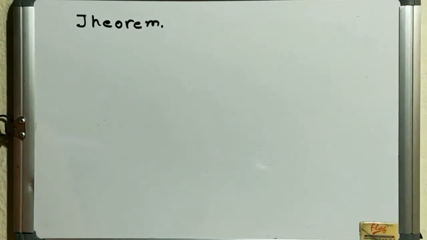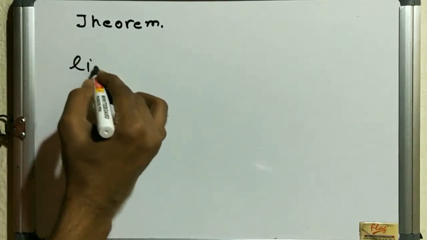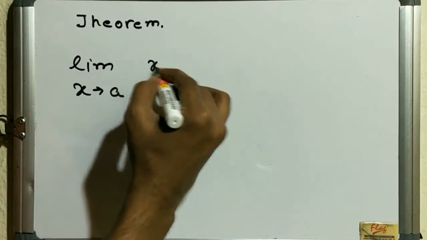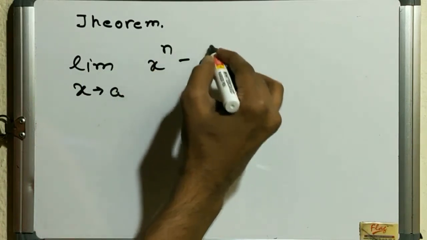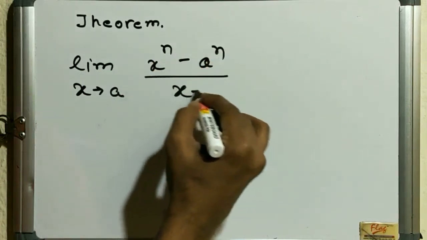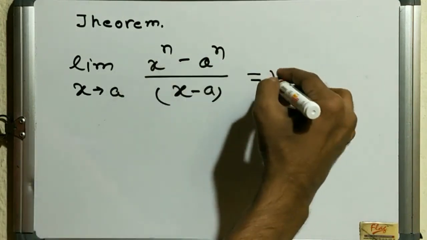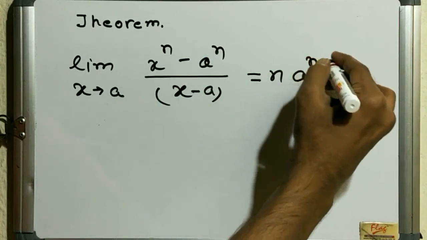Now let us study a theorem which is useful in solving exponential limits. The theorem is limit x tends to a, (x to the power n minus a to the power n) divided by (x minus a) is equal to n a to the power n minus 1.